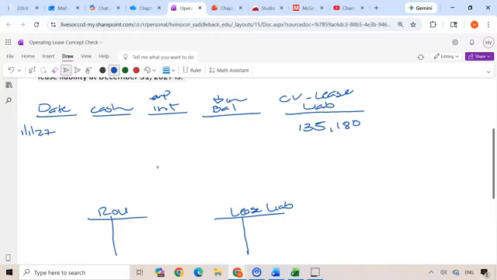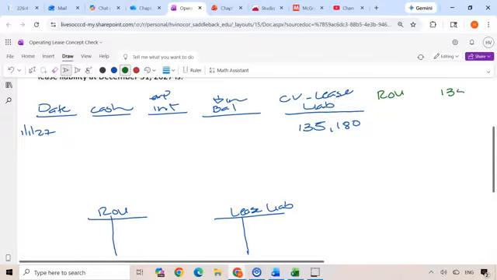To record this initial lease, we would have debited right-of-use asset $135,180 and credited the lease liability for $135,180. Okay, that barely fits.